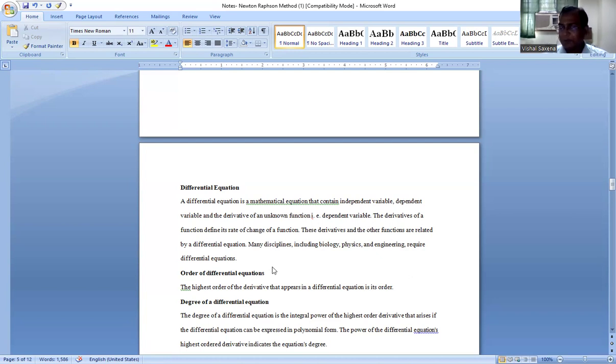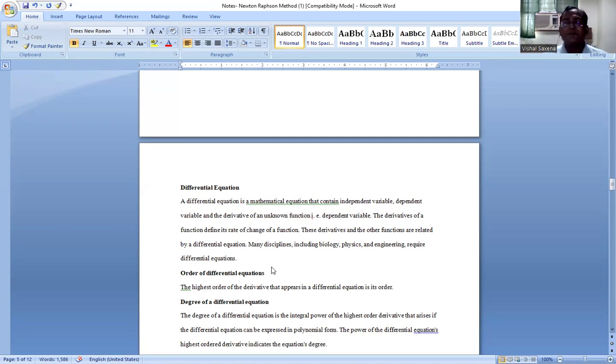The derivative of a dependent variable means dy by dx, and the differential equation is an equation that consists of derivative terms. It is compulsory to have a derivative term, and the solution of a differential equation means it is solved for the dependent variable, that means for the unknown function.